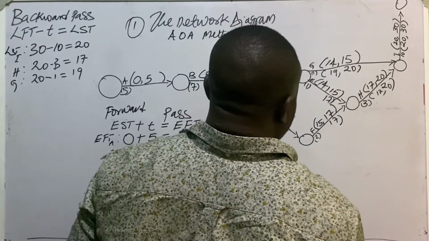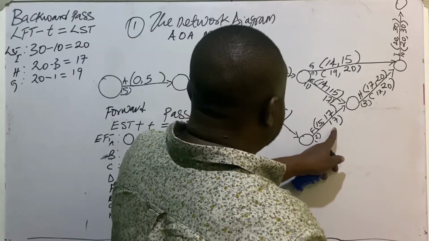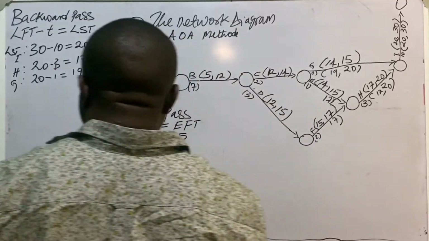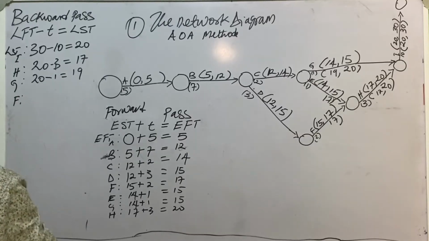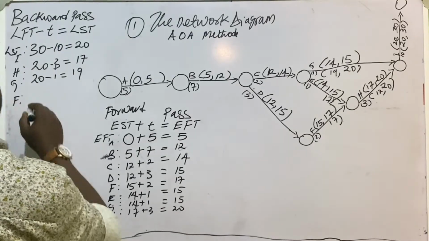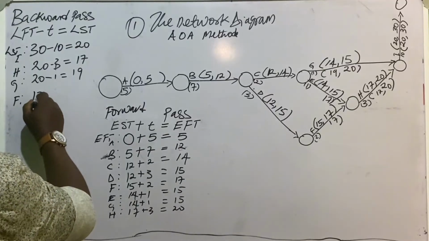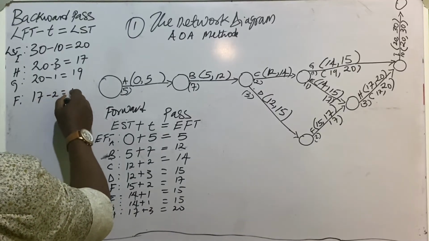So activity F, LST F will be 17 minus 2, give me 15.